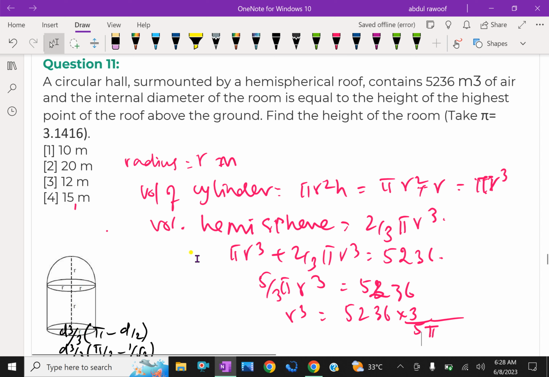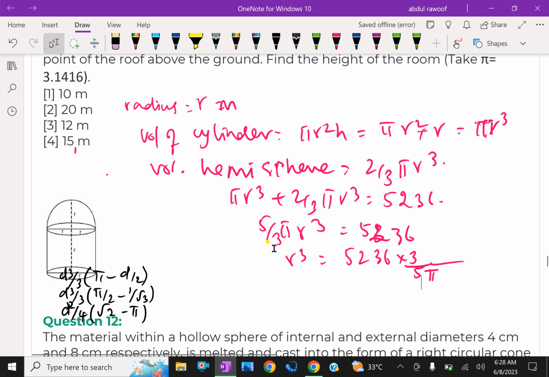Now pi take as 3.142. Pi is 3.142. Then r cube approximately gives 1000 meter cube. R equal to 10 meter.